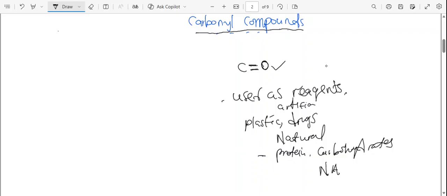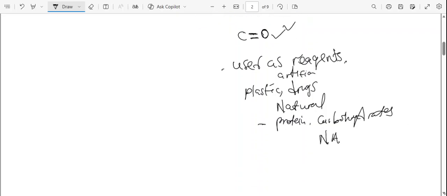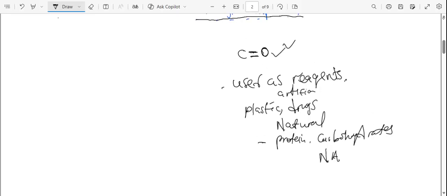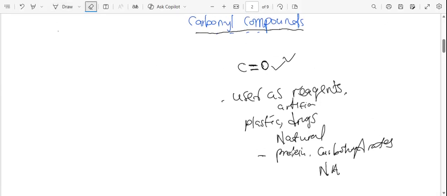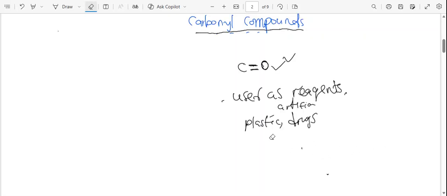So these are the best examples of carbonyl compounds. So I've defined carbonyl compounds: compounds containing oxygen bonded to carbon like that, or carbon bonded to oxygen like that.